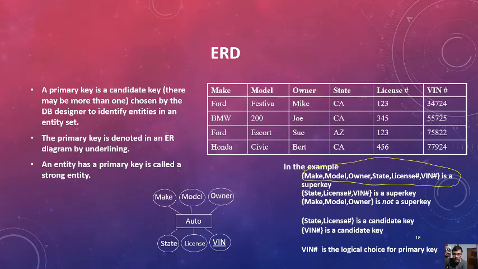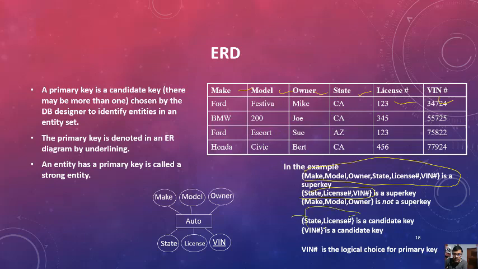So state and license is a candidate key, which is also a minimal super key. State, license, and VIN: VIN is a candidate key. If we minimize state and license, we can get only VIN. So VIN is the most minimal super key of the other keys.